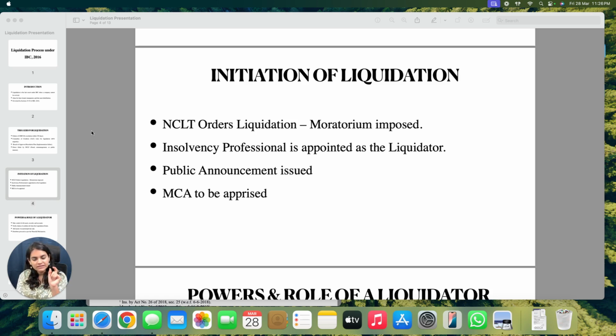It merely states that no suits and proceedings can be initiated against the corporate debtor. However, the liquidator may, at the behest of the corporate debtor, to further its interests, initiate any proceedings for either recovery of money or for arbitral awards, any such nature.